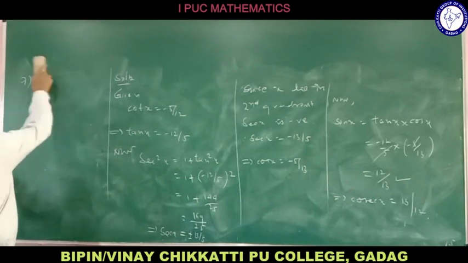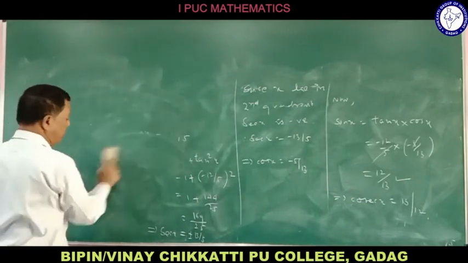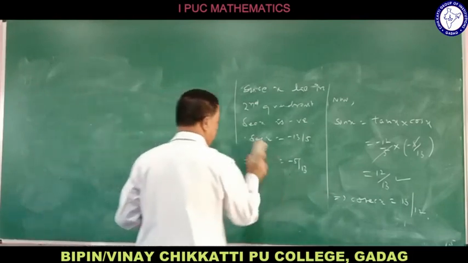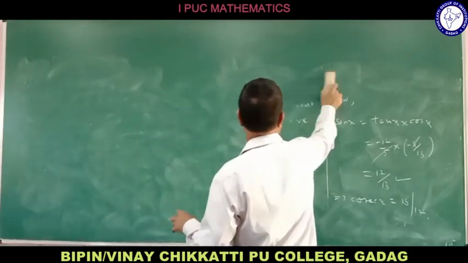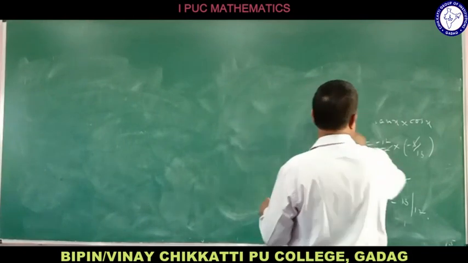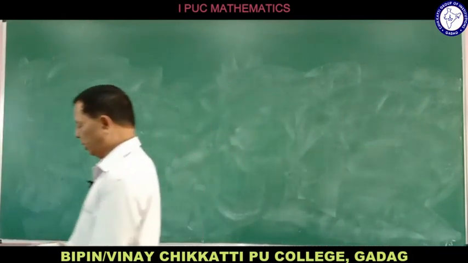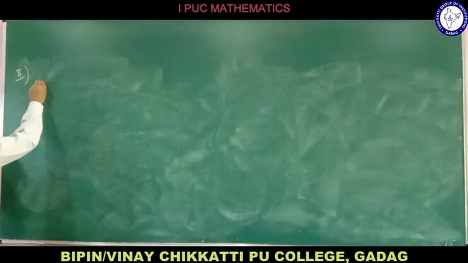I hope these are the only problems you will see, either in the test or in the midterm or annual, whatever you say. But these 7 problems are more than enough, as I have covered them even from the exercise as well as solved examples. Second type of problem I am going to discuss now.